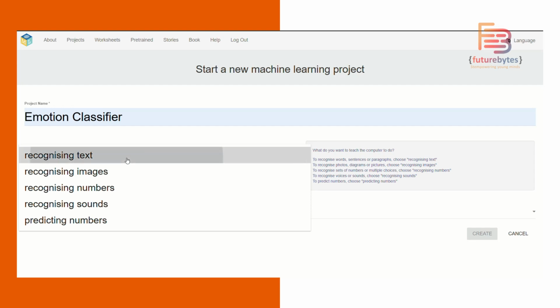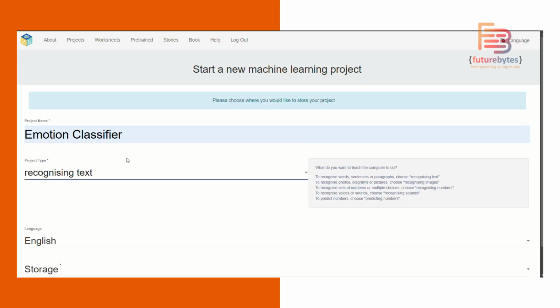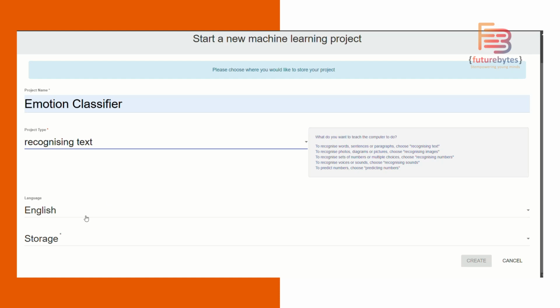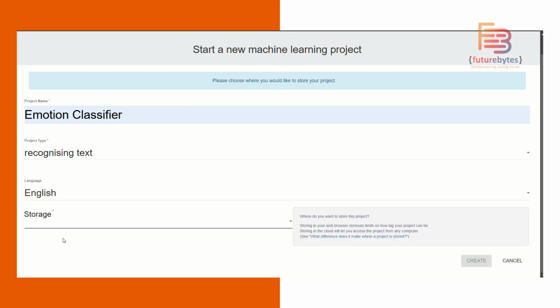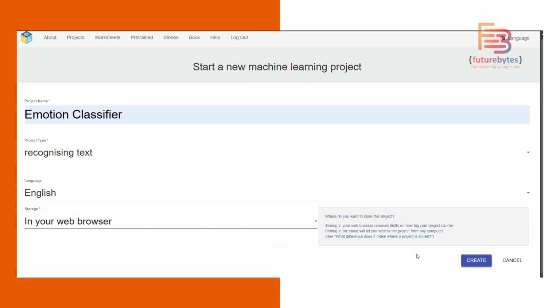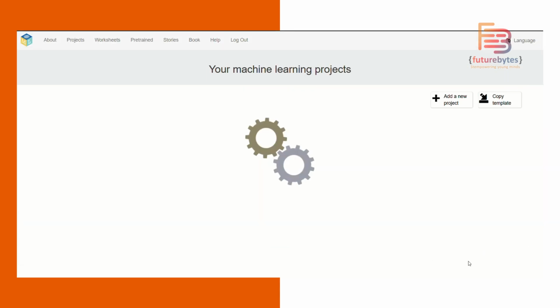So let's select recognizing text. Let the language be English, and for storage, let's see what's there. Let it be in your web browser. Let us save it in the web browser itself and create the project.